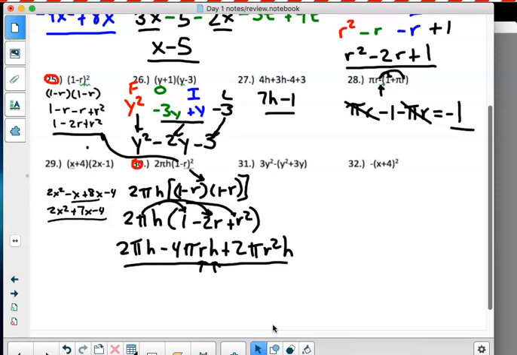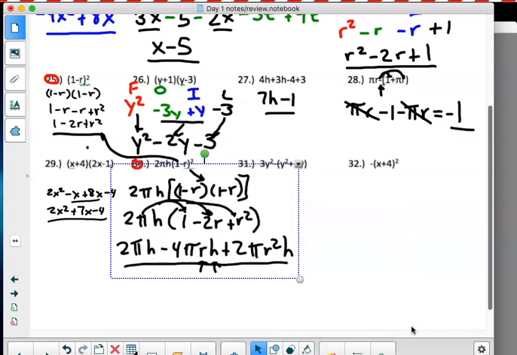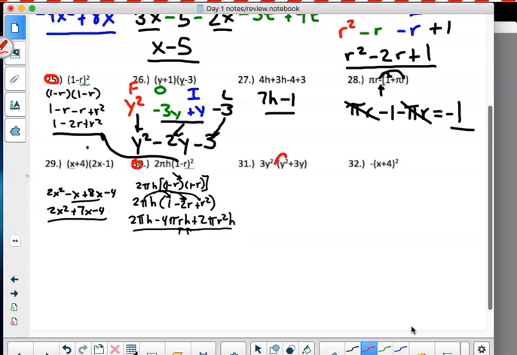Okay, now on 31, pay attention to how it's written. You'd think it's almost a trick, because if you just go really fast, you don't notice those negatives, but that negative is supposed to be distributed here. Okay, so I've got 3y squared minus y squared minus 3y.